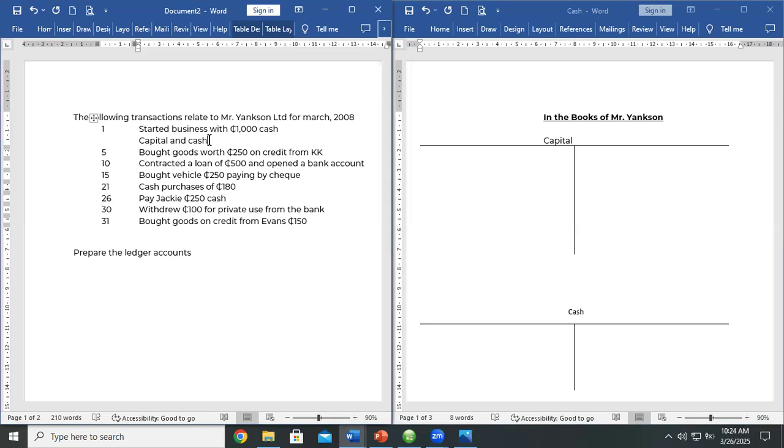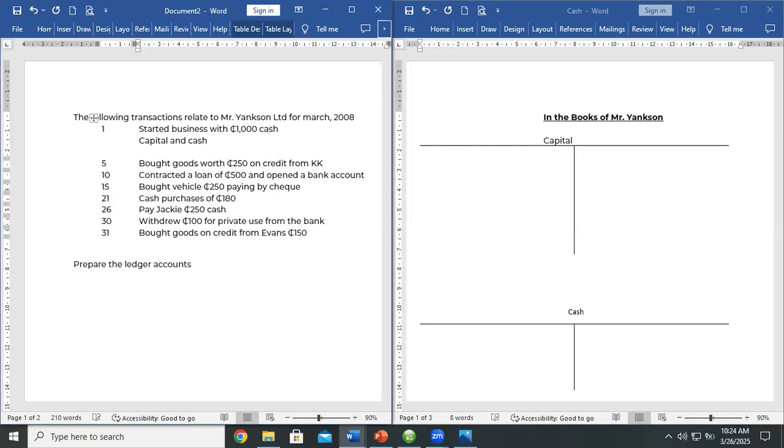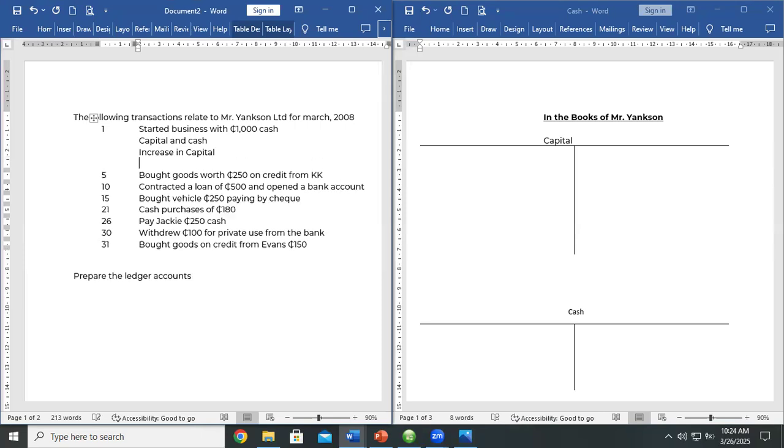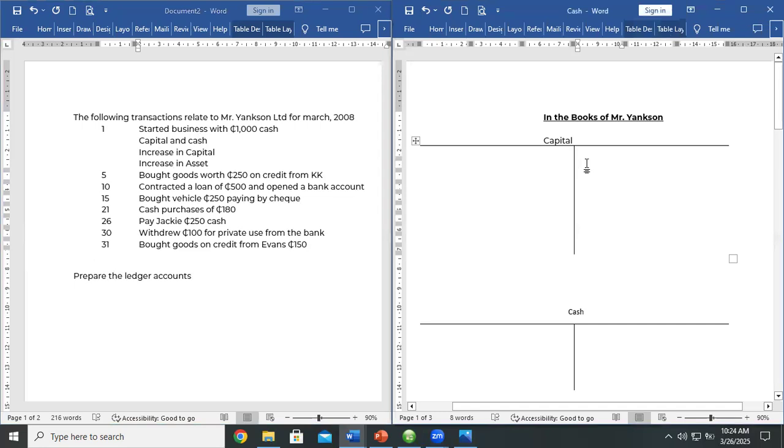We also indicated that anytime the owner makes an investment, there is increase in capital as well as increase in asset. Here, the specific asset is the cash. And per the double entry principle, when capital is increasing, we credit it.